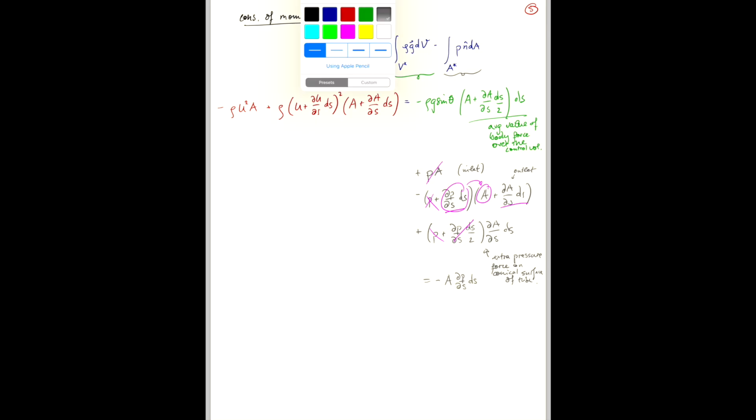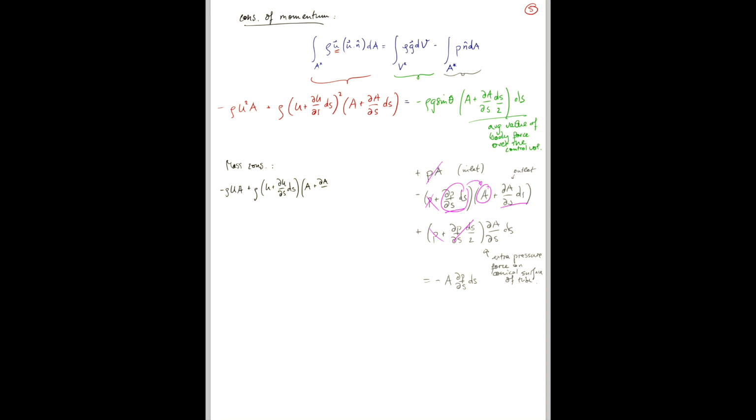Now let me repeat the mass conservation equation here. So this is from the previous page. And let me label this equation A. And let me rewrite the momentum equation.